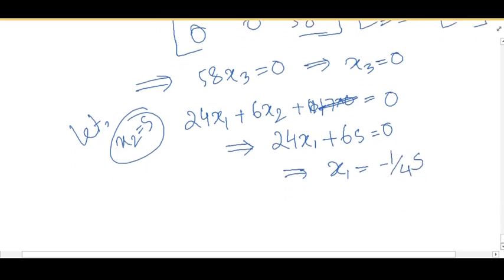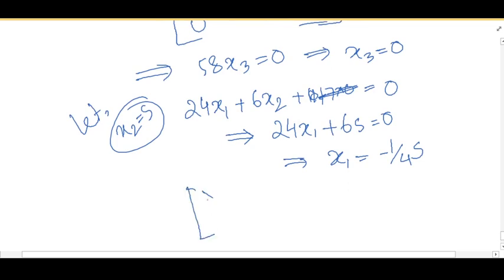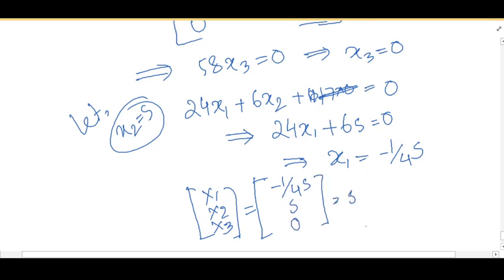So now we can write down the eigenvector x1, x2, x3 as x1 is minus 1 by 4 s, this is s, and this is 0. If we take common, this will be minus 1 by 4, 1, 0. So we can write the answer as minus 1 by 4, 1, 0.